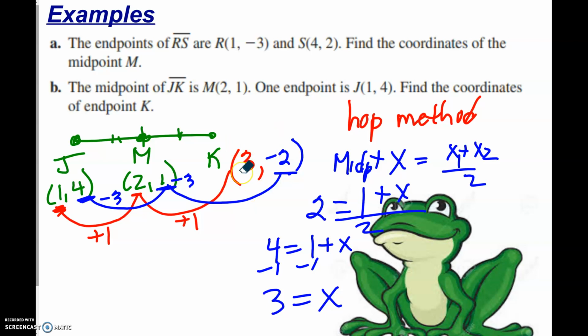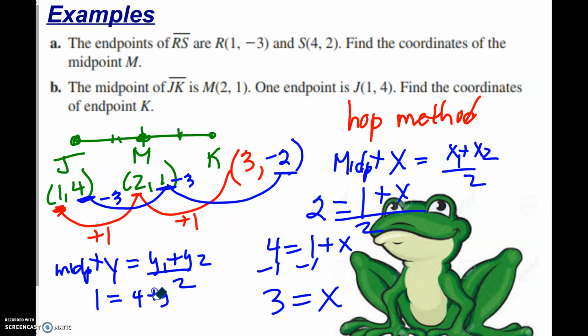We got this 3. Now you can do the same thing for the y value. The midpoint of y is going to be y1 plus y2 divided by 2, and we know the midpoint of y is 1, and we know one y value is 4.